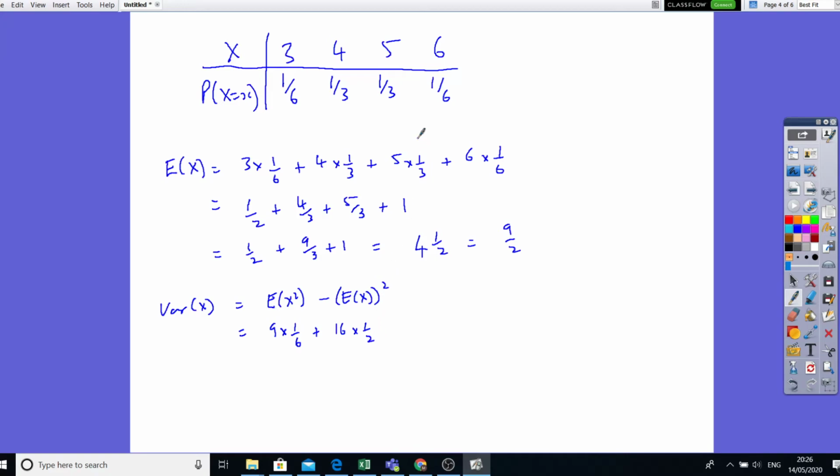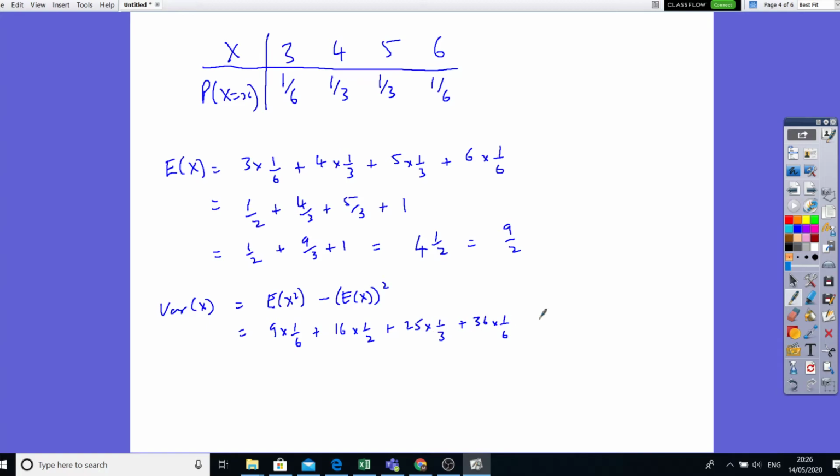So I'm squaring all these numbers and then multiplying by the probability. Then 5 squared is 25 times 1/3, and 6 squared is 36 times 1/6.